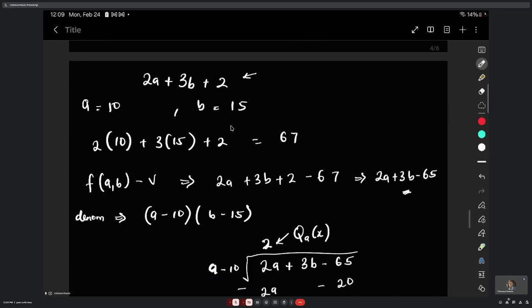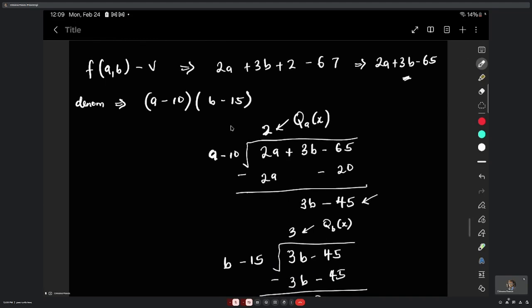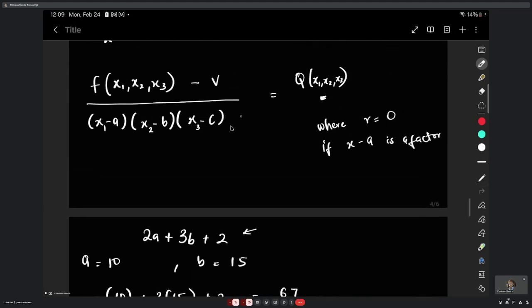If we expand A minus 10 times B minus 15, the first value we get is AB. So that is actually where this thought process is wrong.